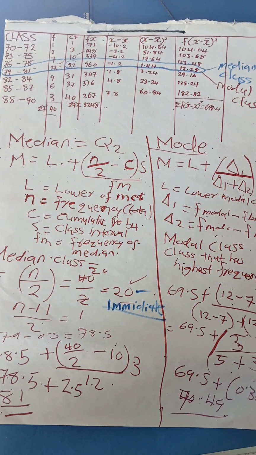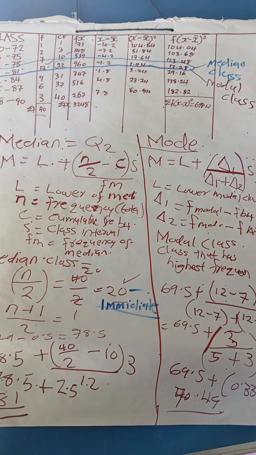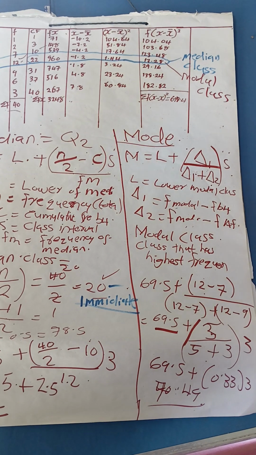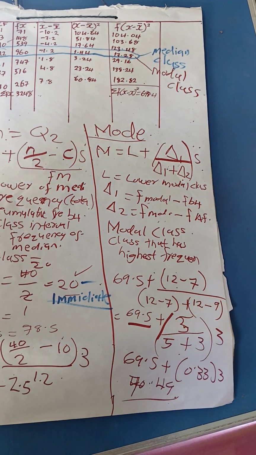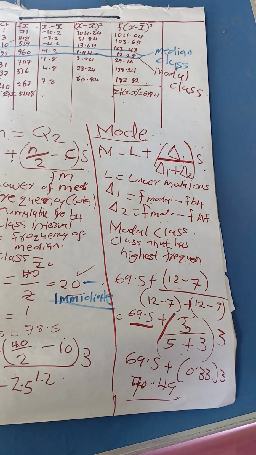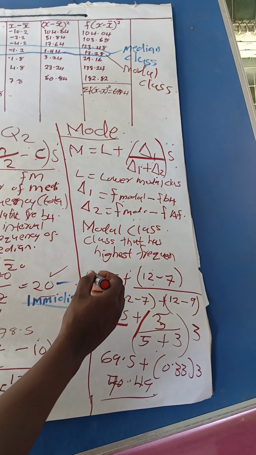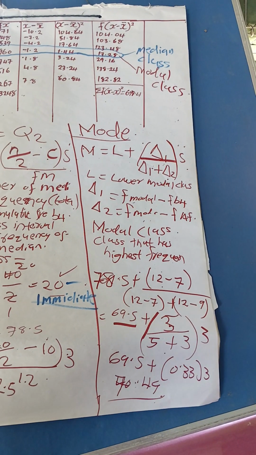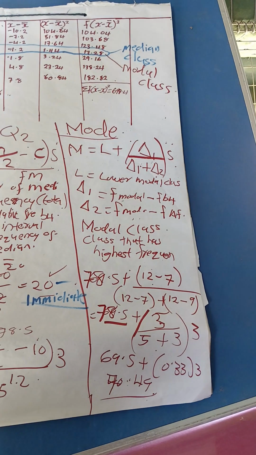Now, I've realized we have missed somewhere. The lower class limit for mode was what? Remember our modal class was running from 79 to 81, meaning here it could be 78.5.